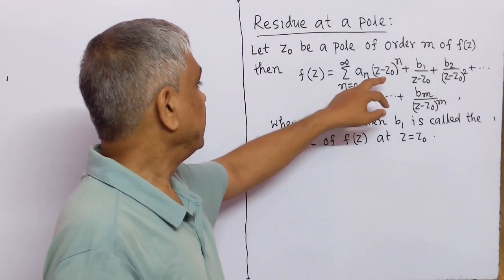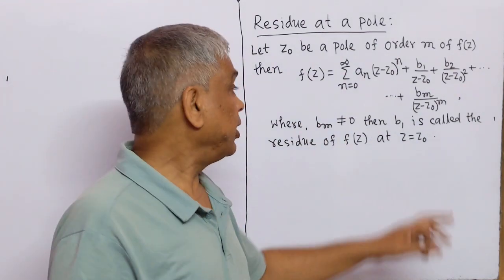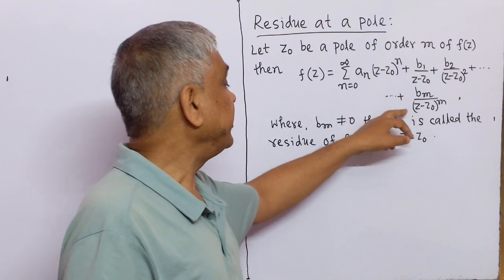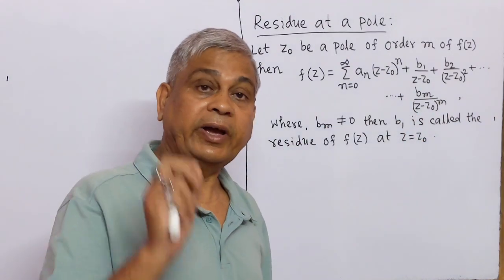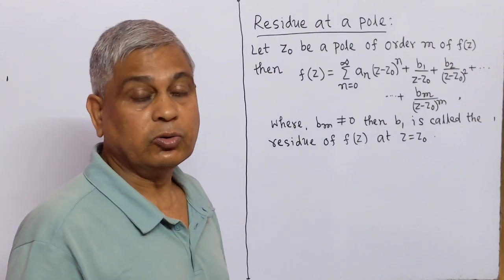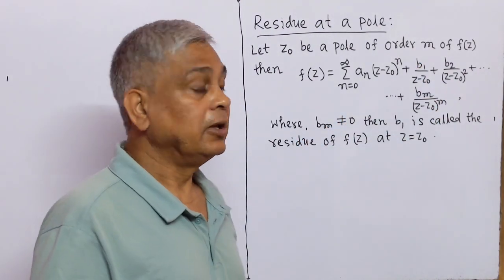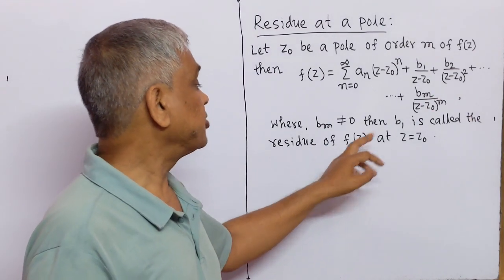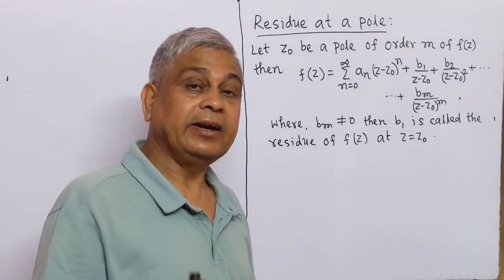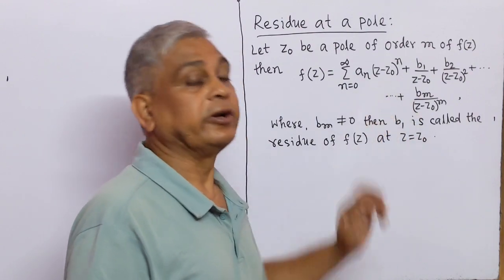This is a Laurent series. The principal part contains a finite number of terms, where bm is not equal to 0. Then b1 is called the residue of f(z) at the pole z equal to z naught.